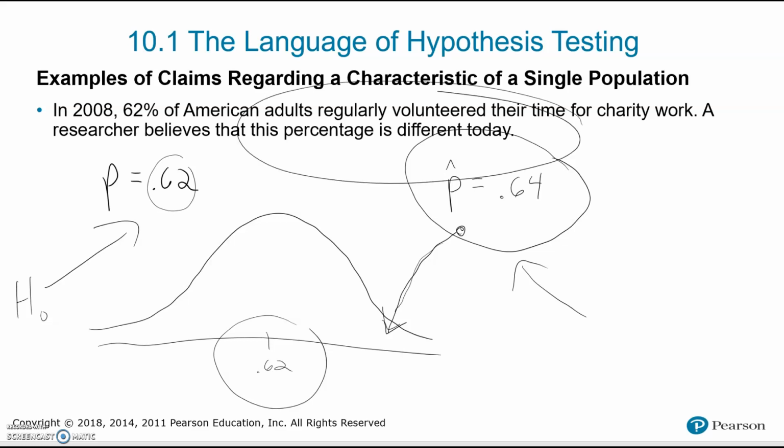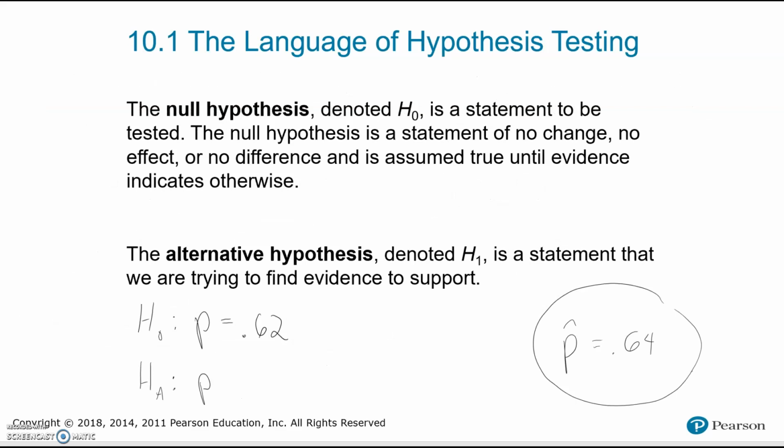A researcher believes that it is different. So it is not 0.62. Okay, you're going to have a couple options for that alternative. We can do greater than, less than, or different from. And that's on my next slide.